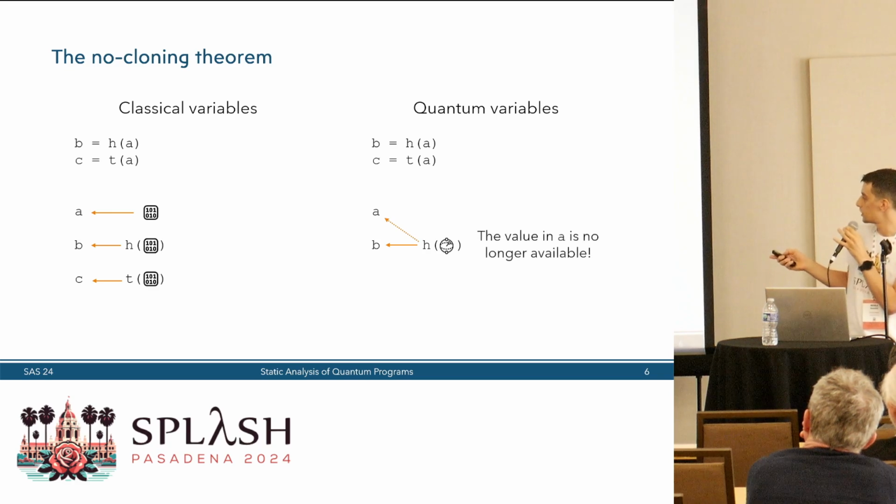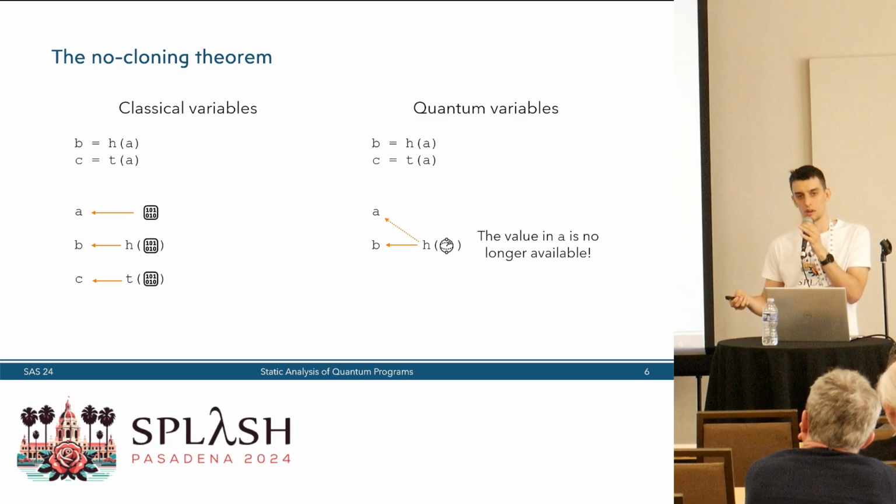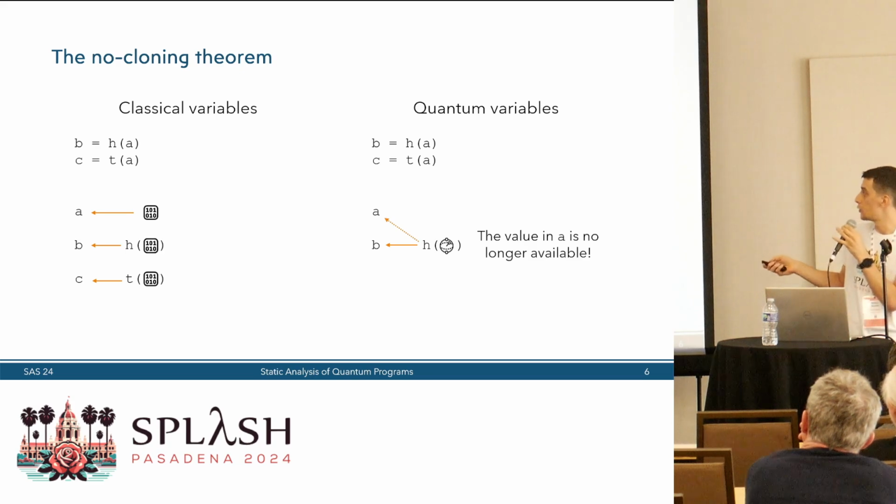So in this case, after this command, if you want to compute c equal to t of a, we cannot actually compute this value. We can compute something different if we decide that a is still valid, but a at this point is no longer the original value, but something else.